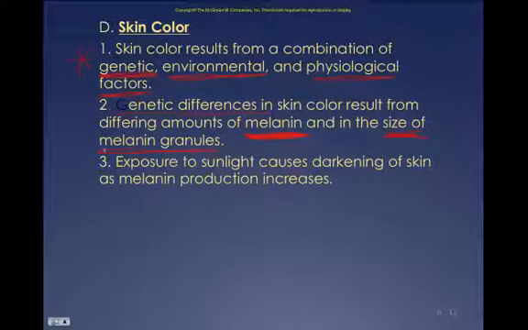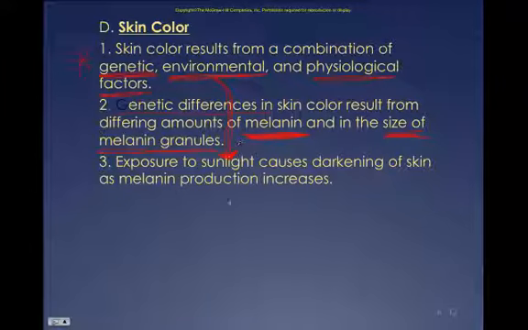Now, when we talk about environmental factors, right, our environmental factor is number 2 here. And that is that as we are exposed to sunlight, and again, many of you have experienced this because you purposely do this to develop a tan.